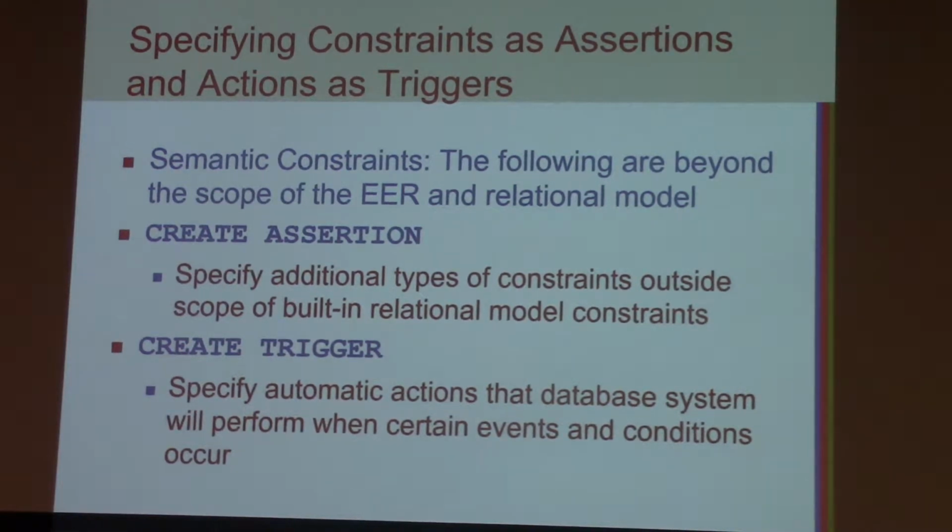For example, when you update, the salary should not be higher than the manager's. That is your company policy. It's not a general policy of SQL, but that's the policy, that's the constraint.